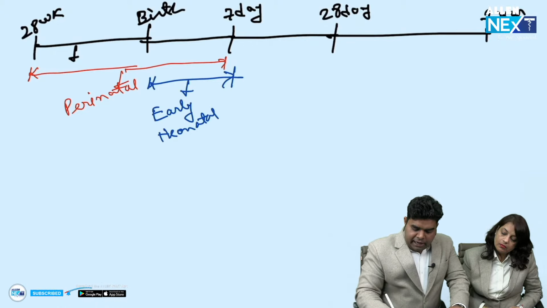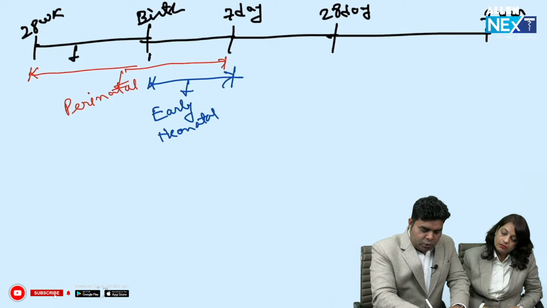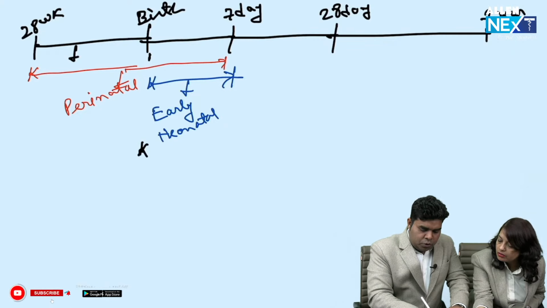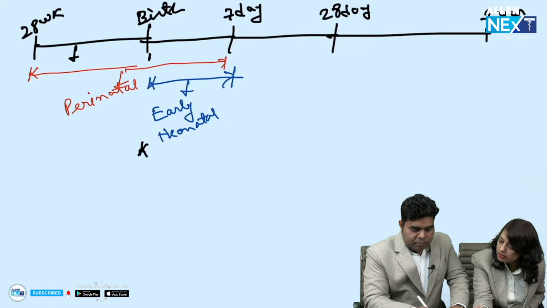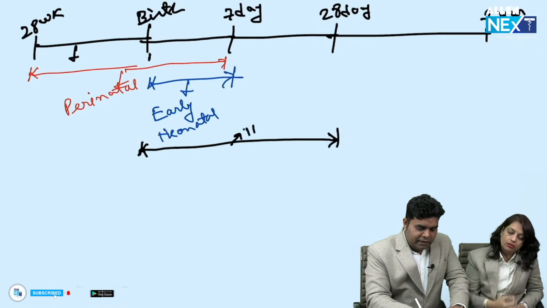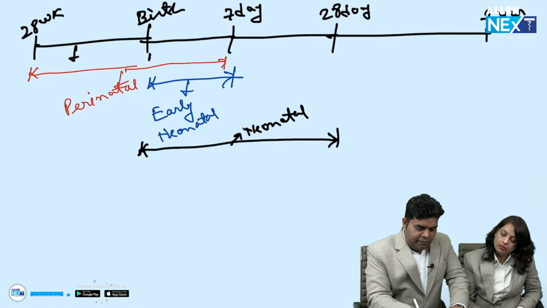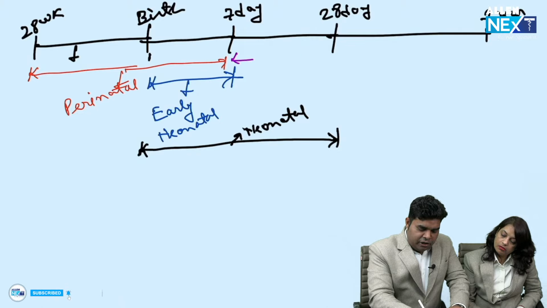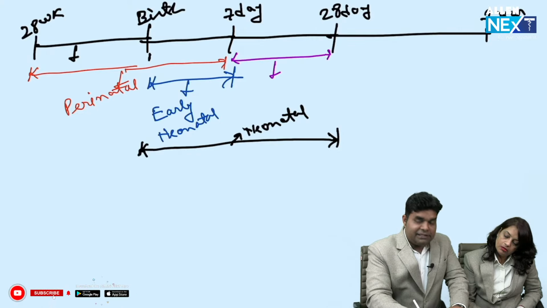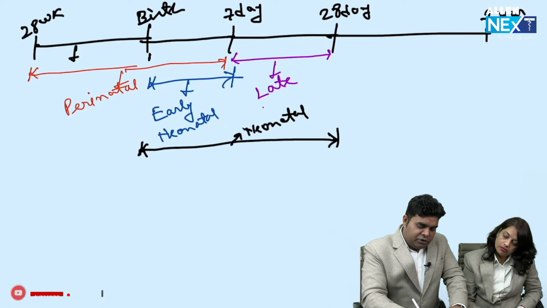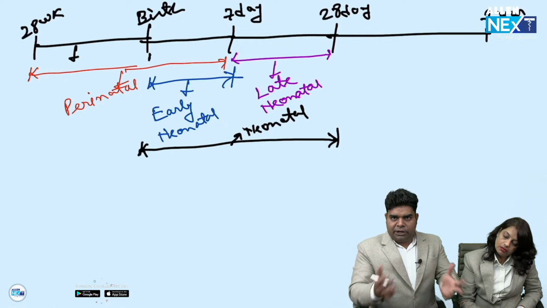Birth to 28 days, that is total neonatal. And if you just look at this component of 7 days to 28 days, that is late neonatal. So if you add early and late neonatal, that becomes total neonatal.